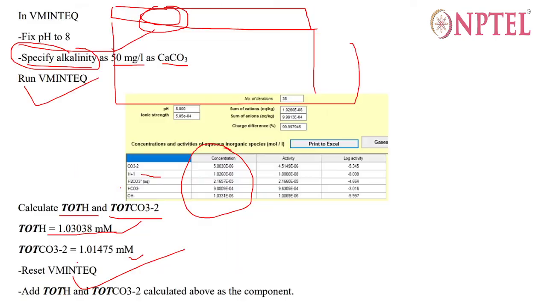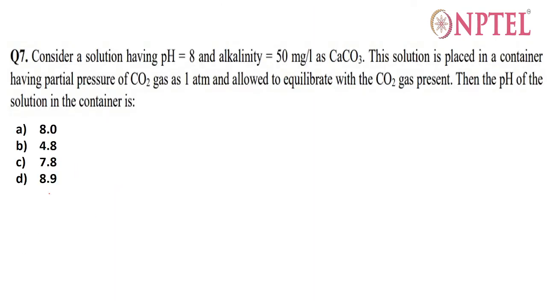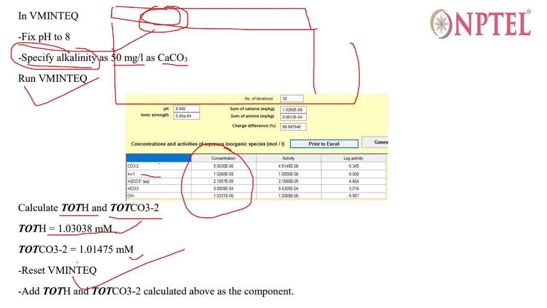It might seem like a closed system, and it is closed in terms of the container, but there is a similarity with the atmospheric system, because in this container we have carbon dioxide with a partial pressure of 1 atmosphere. So it has a similarity with the open system. It's actually not an open system, it's a closed container, but it is filled with carbon dioxide at 1 atm partial pressure.